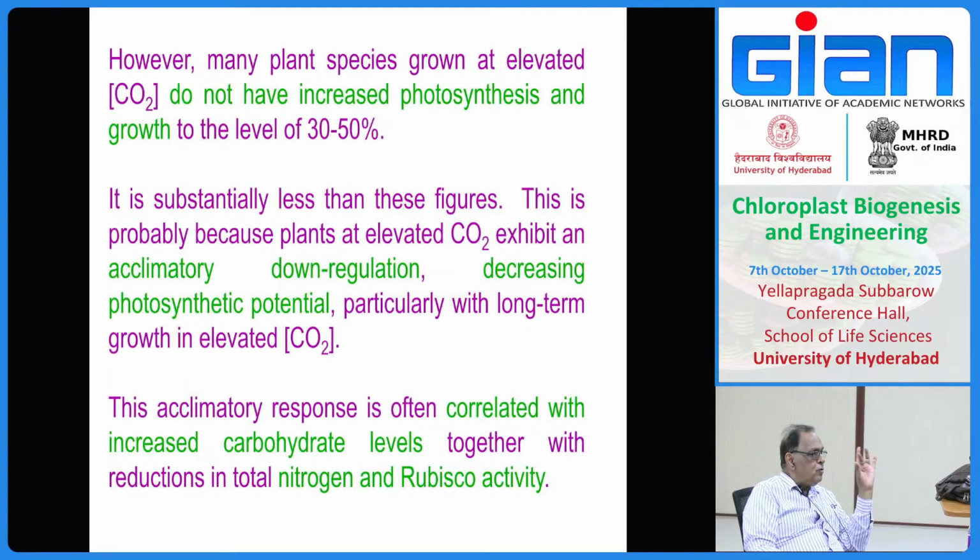So even a 2 to 3 degree increase in temperature may not create a big problem for vegetative growth of the crop, but may affect the seed setting, flowering, and pollen formation. So we have more biomass and fewer seeds.